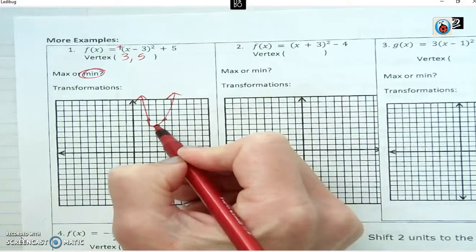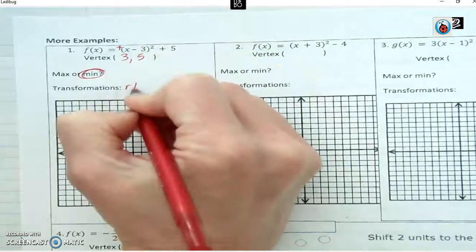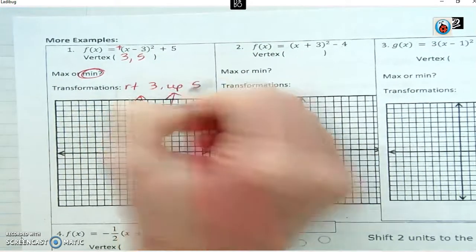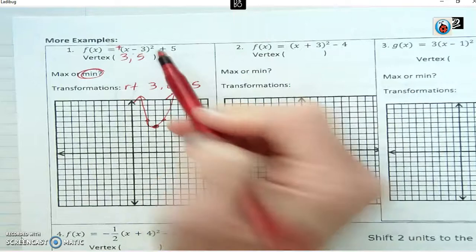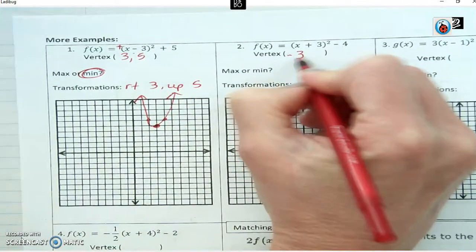All right, what transformations happened on this one? The only thing is it moved right 3 and up 5. Those are the only 2 transformations. Okay. All right, what about this one? Your vertex is -3, -4.